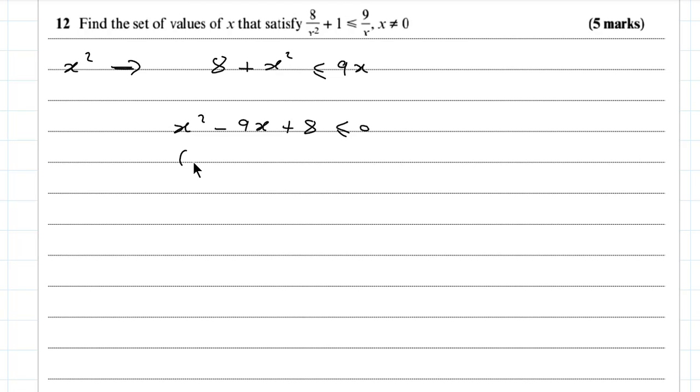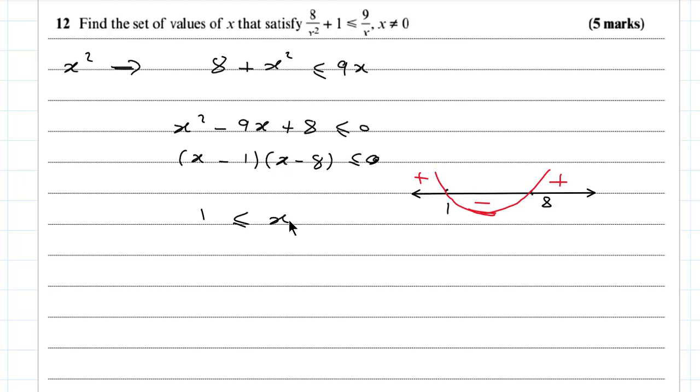We can factorize it to be x minus 1 times x minus 8. Okay, we can write less than or equal, don't worry. We now have to draw the number line. Since we have less than or equal to 0, x should be more than or equal to 1 and less than or equal to 8.